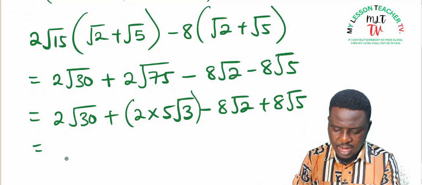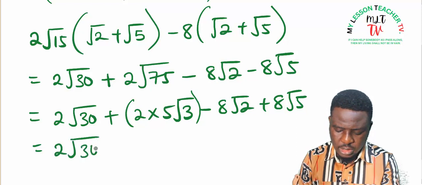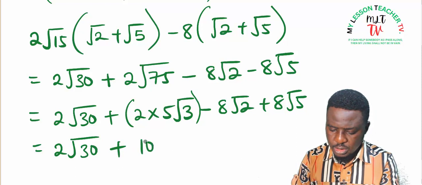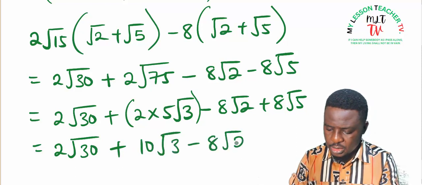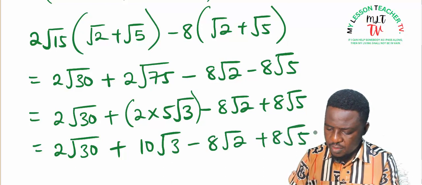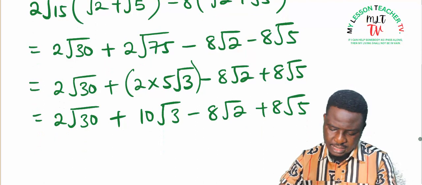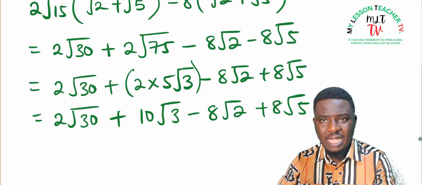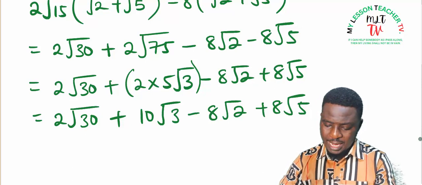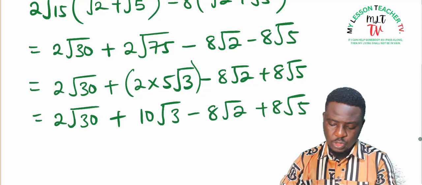This we can simplify into 2 root 30. Root 30 cannot be simplified further, plus 10 root 3 minus 8 root 2 plus 8 root 5. Looking at this, there are no like terms, so we cannot simplify them further unless we want to factorize out 2, which is common.